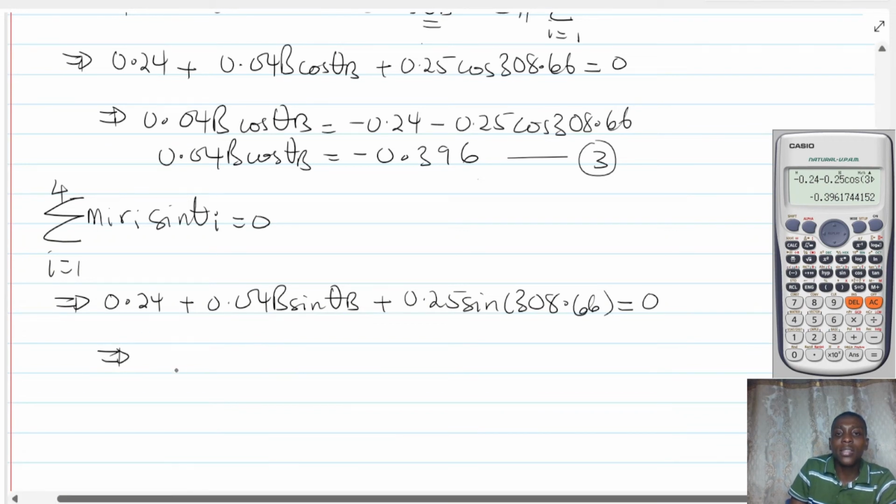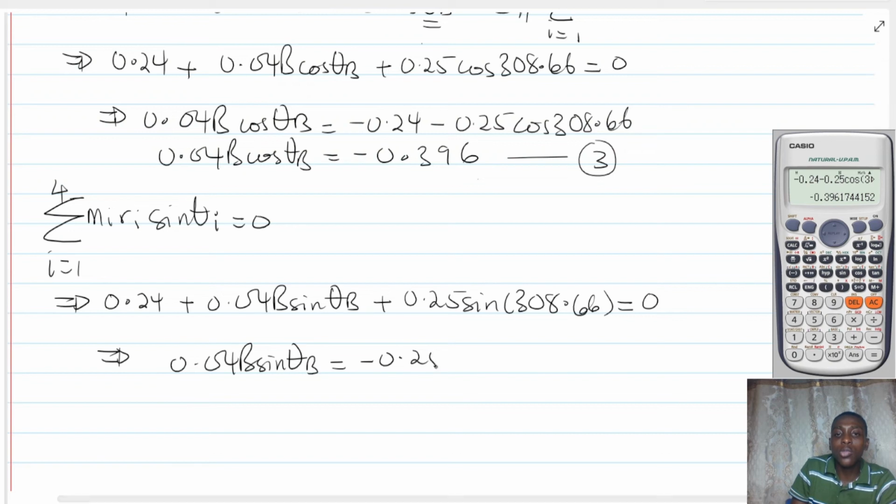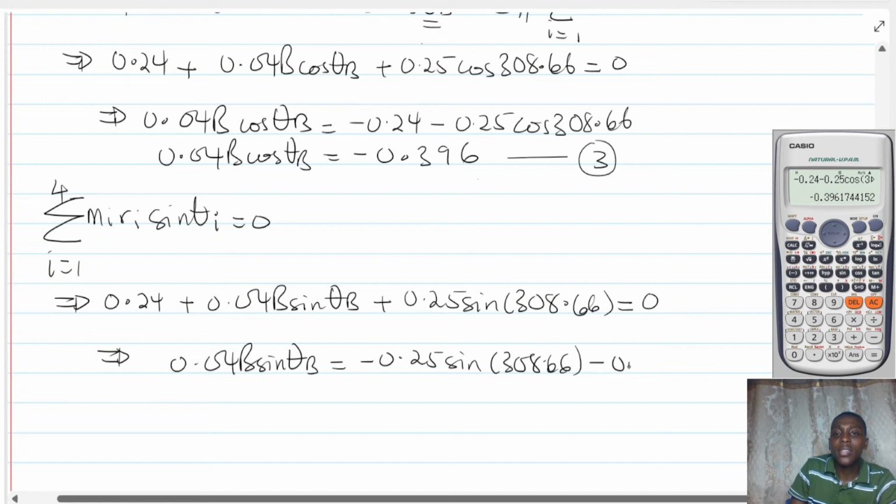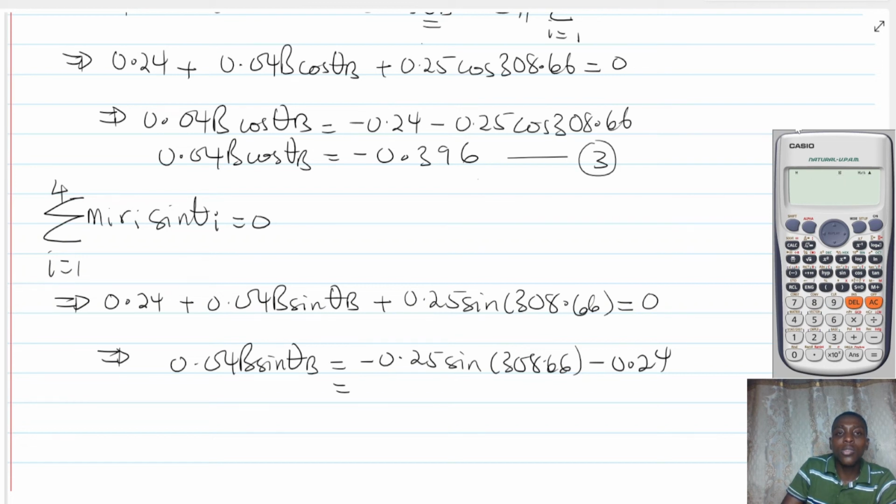From here we can say that 0.04b sine theta b will be equal to minus 0.25 sine 308.66 minus 0.24. And what is that? I'm going to get minus 0.0447, or let's say minus 0.045.